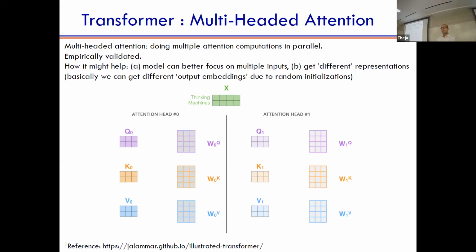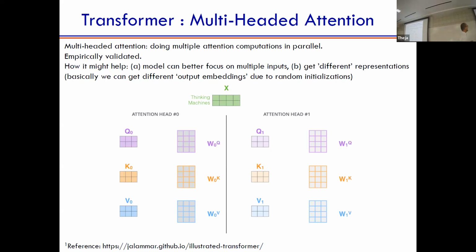Maybe there are other parts of the input that are also important while representing this word. So this is just for extra redundancy. One self-attention computation may not be enough to capture these multiple parts that are supposed to influence my current representation for this word index.